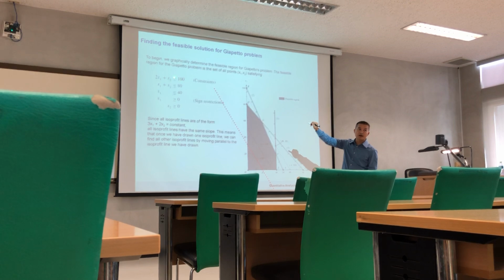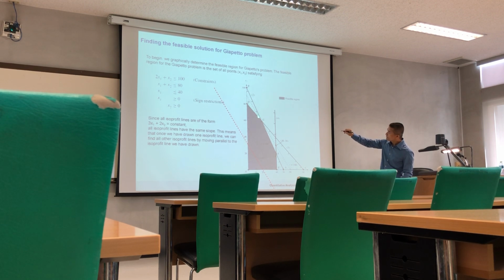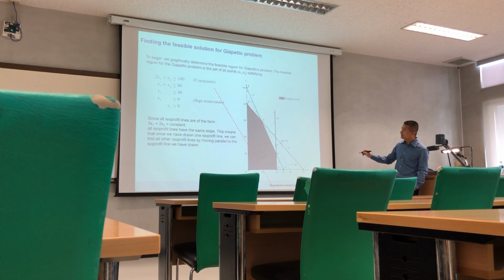We need anything to the left of this line, because this is the less than or equal to. Also x1 plus x2 less than or equal to 80, this line. And our feasible region would be to the left of this line.